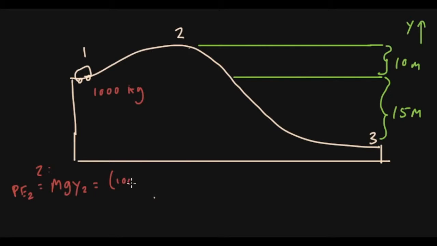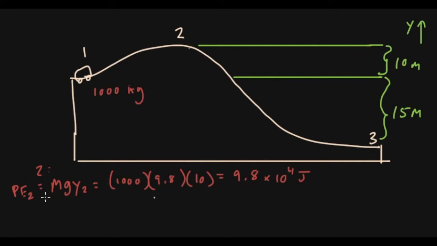So it's simply just 1,000 times gravity times the height, 10 meters, and we get 9.8 times 10 to the 4. And our units are joules for potential energy. It is an energy. We quantify it as being an energy. Okay, so that's our value for PE2.